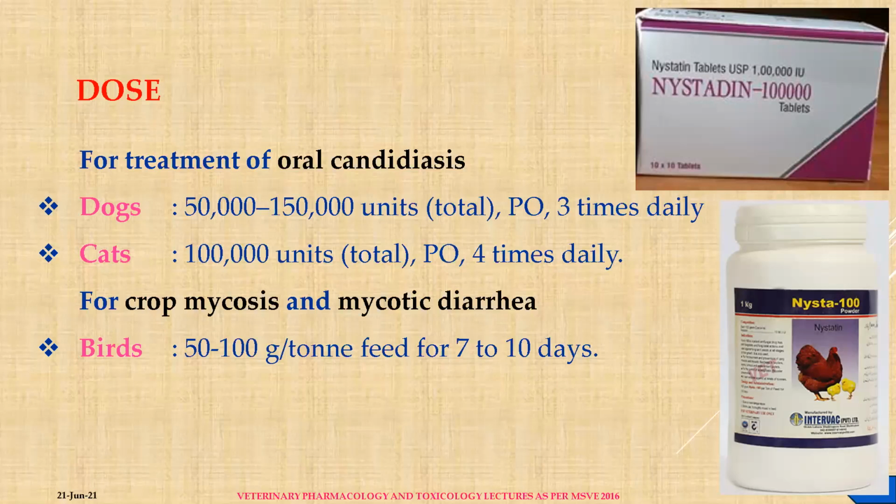The dose is 50,000 to 1,50,000 units, so this needs to be remembered. In cats, it is 1 lakh units in total. It is also used in the case of crop mycosis and mycotic diarrhea in birds, at 50 to 100 grams per ton of feed for 7 to 10 days.